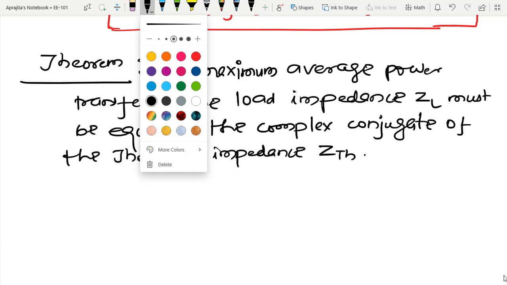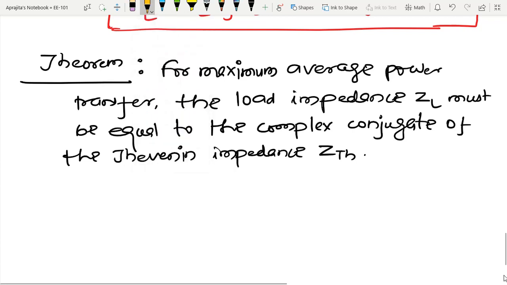I can also write, this result is also known as the maximum average power transfer theorem for the sinusoidal steady state. Please write this as a remark.